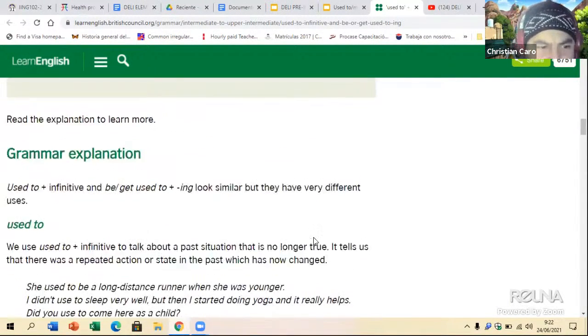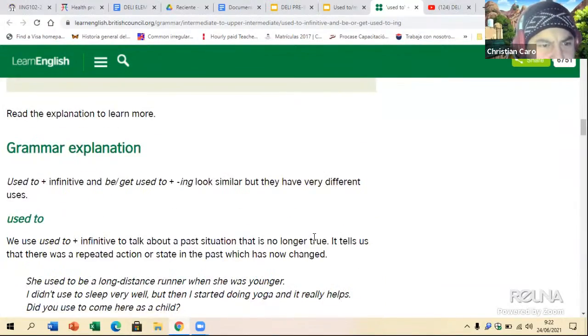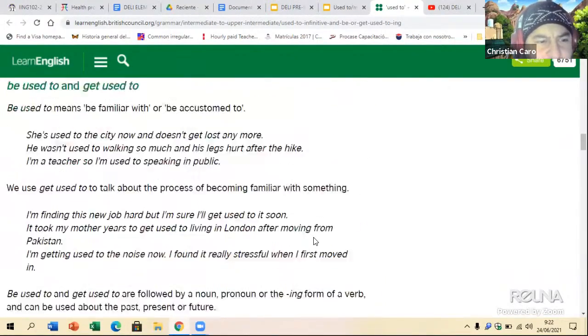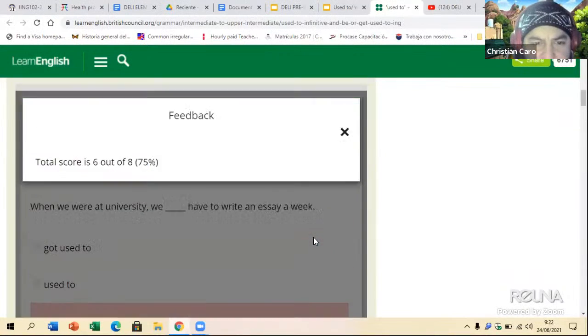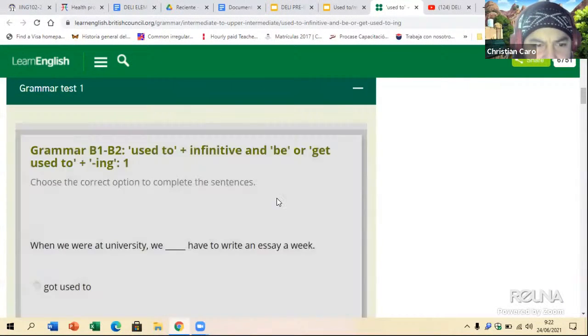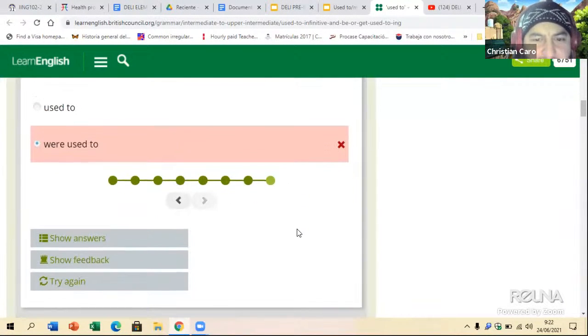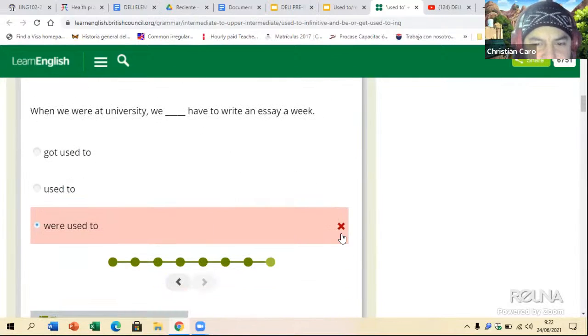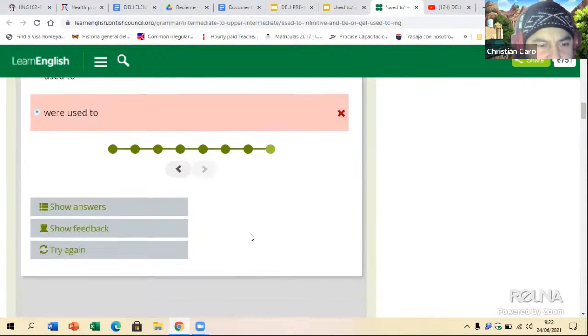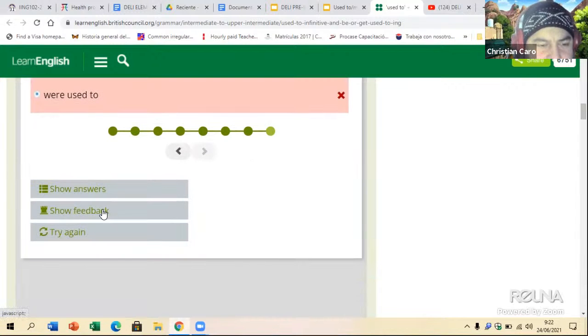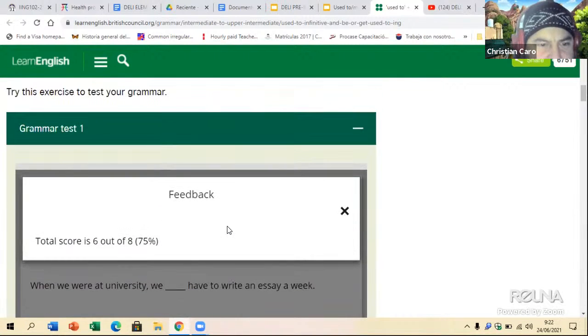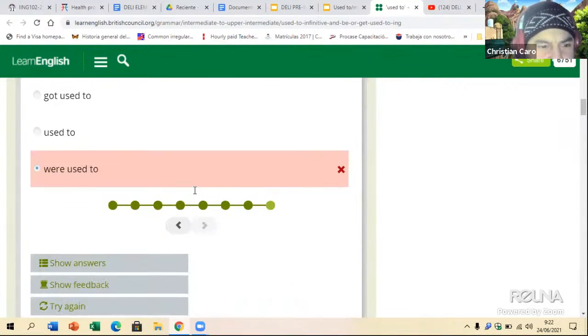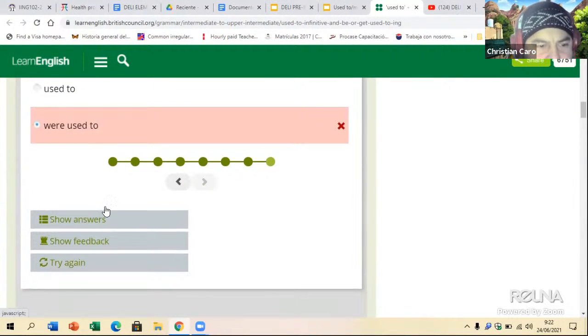There are 2 mistakes. Yeah, read the explanation to learn more. Used to, blah, blah, blah. Okay, we're gonna see which ones were wrong. This one, for example, is wrong, the last one. Show answers, show feedback. Okay, see the feedback. No, this is the feedback, bad feedback. Show answers.